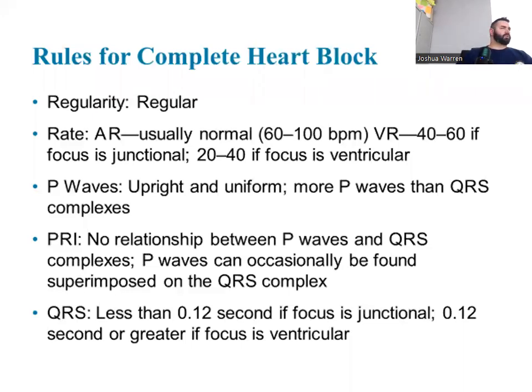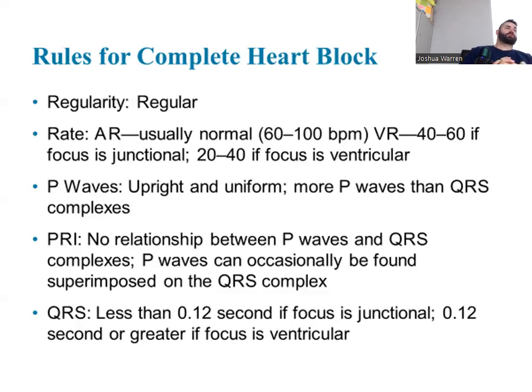What are the rules for a 3rd degree? The rate will probably be slower, but based on the appearance and morphology of the QRS, you'll know whether it is a junctional complex or a ventricular complex, which means the atria is still going to pace itself, and then some pacemaker below the AV node will pace the ventricles. If it's skinny and narrow, we're looking at the junction pacing it.